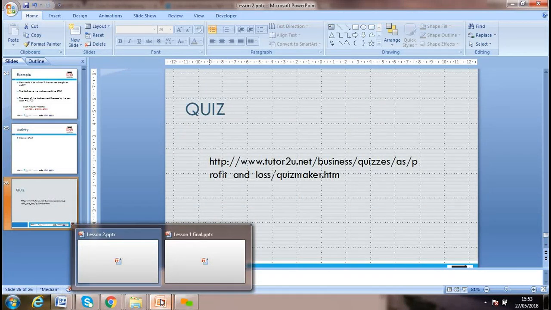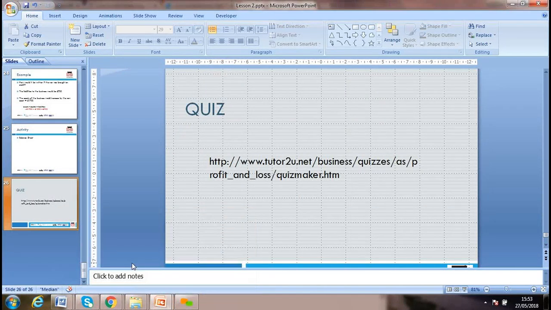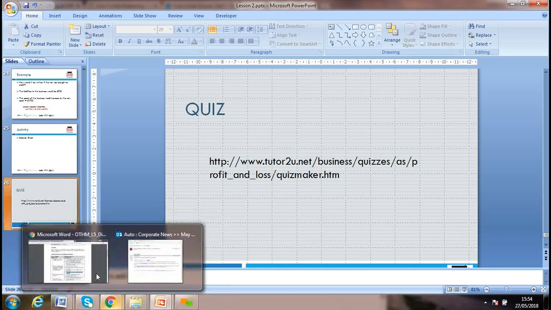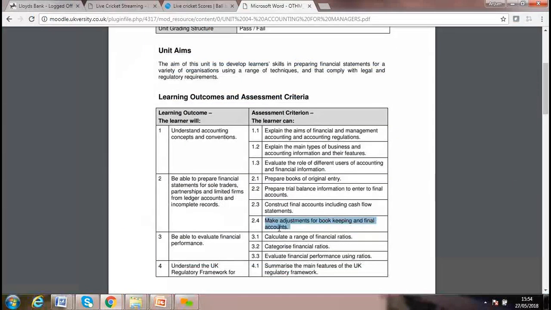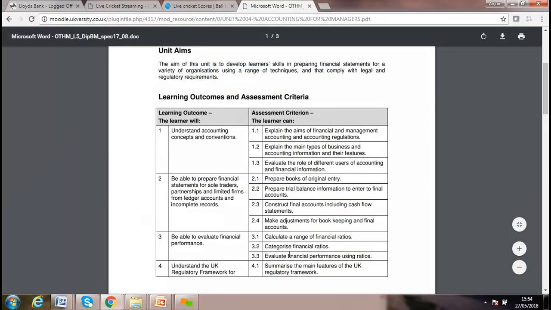Today we learned how many types of financial statements we have, how we can prepare them, and what is meant by the books of prime entry: sales day book, purchase day book, and all these books. Tomorrow's lesson, we'll calculate the ratios.